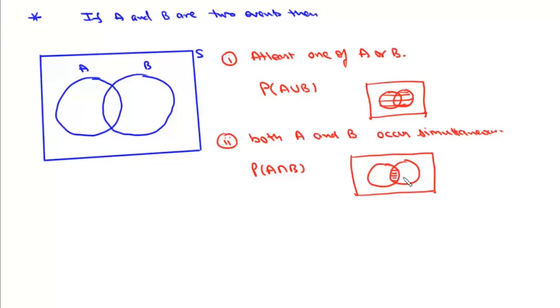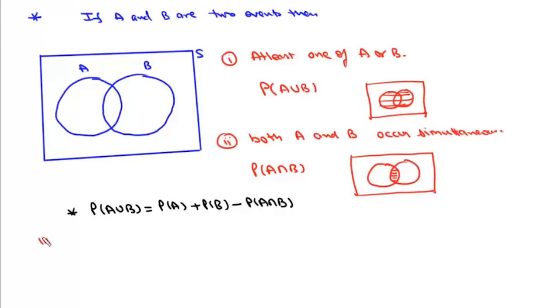So that's the probability of A intersection B. And from addition theorem, we have already studied P(A union B) is probability of A plus probability of B minus probability of A intersection B.